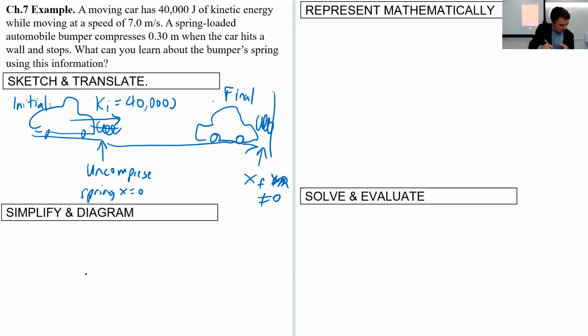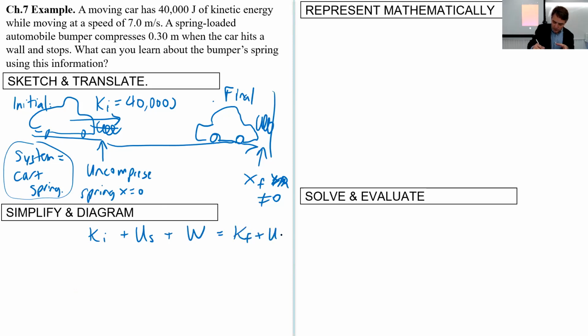And so what you've got is kinetic initial plus U spring. So you define the system as car plus spring. So now the spring has its own potential energy, plus work, is equal to kinetic final plus U S final, U S initial.